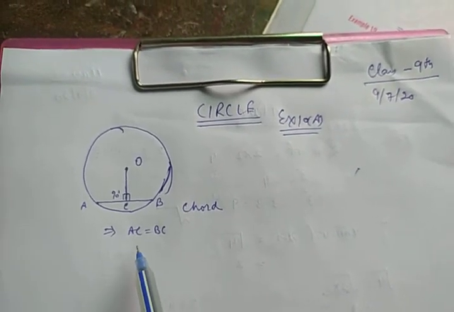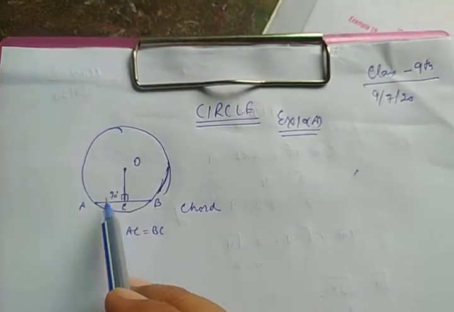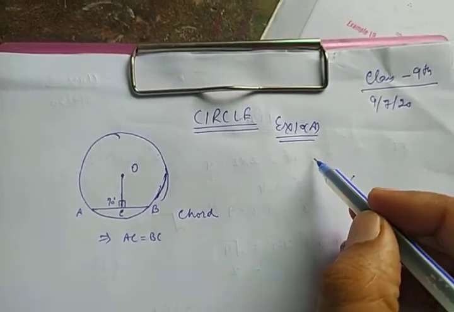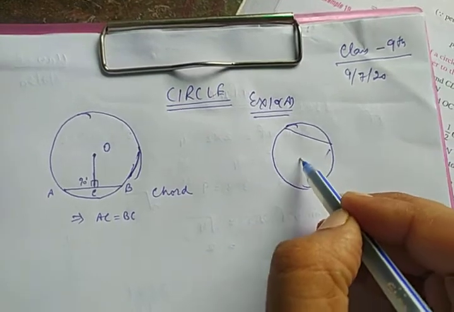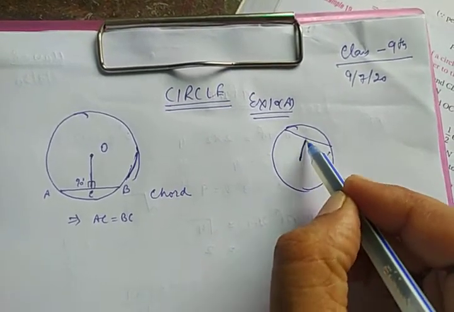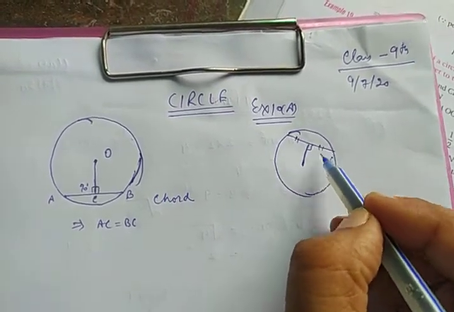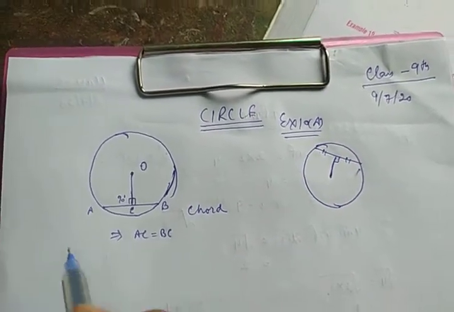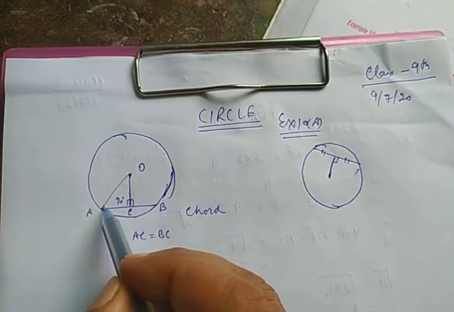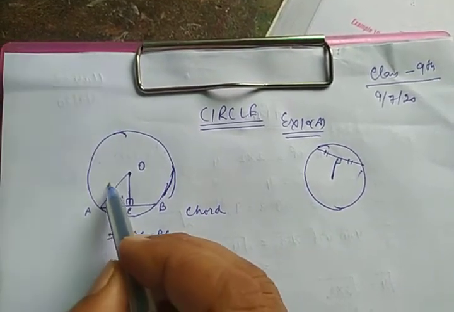Then it is a theorem. If you draw perpendicular from the center to the chord, wherever you do, whatever the situation, suppose this is a chord, this is center. If you are drawing perpendicular like this, the chord is divided into two equal parts. It is a theorem and it is a set rule. And this is called the radius AO.